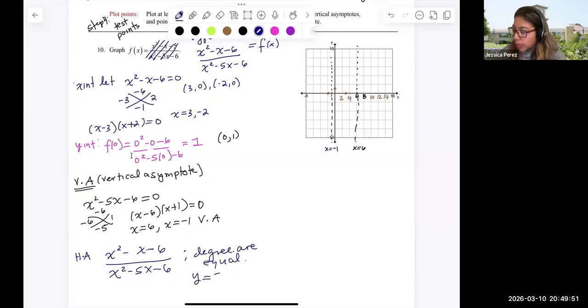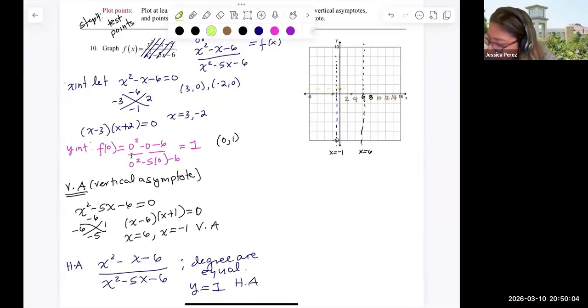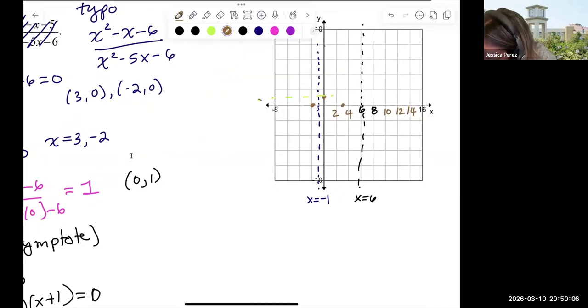So y equal 1 is my horizontal asymptote. So I'm going to go to 1 right here, which is my y-intercept right here. So that's my horizontal asymptote.